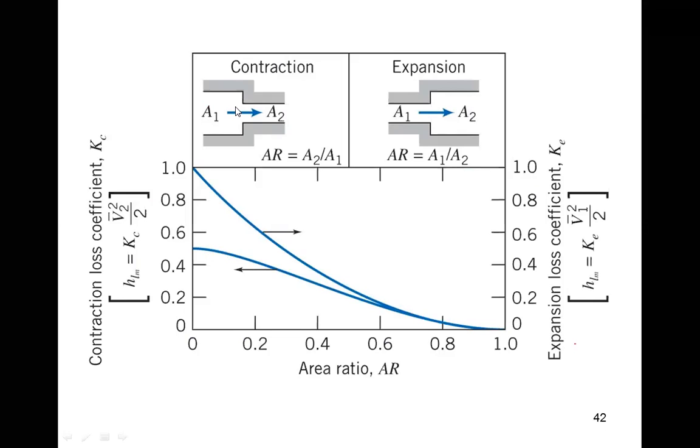These two shapes, contraction and expansion, each give losses. The head loss is calculated as Kc V squared upon 2g. This loss coefficient Kc is calculated from these particular graphs, using the ratio A2 upon A1.